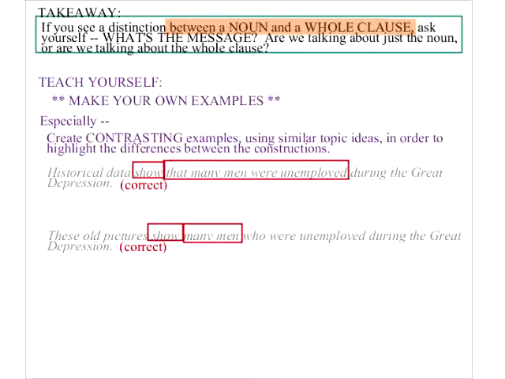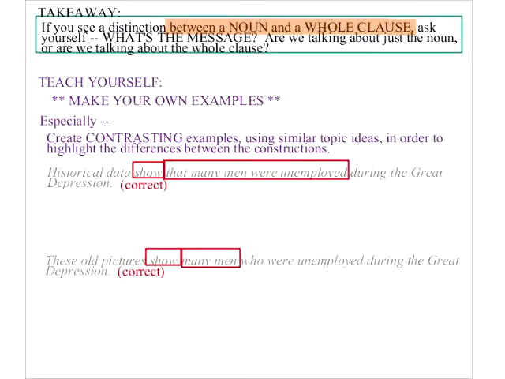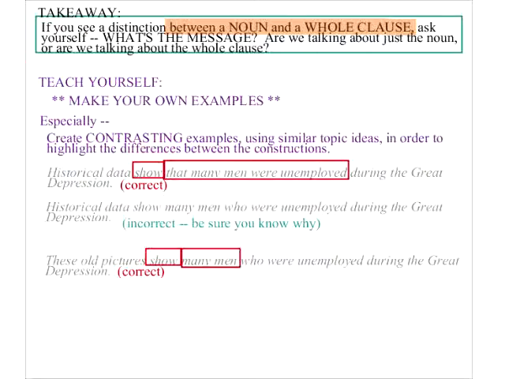If you are making your own examples, you can also make examples of the incorrect versions just to make sure that you understand. So, side by side with that, you might want to make the incorrect examples. If you have historical data show many men who were unemployed during the Great Depression, this is incorrect, and be sure you know why. It's not possible.